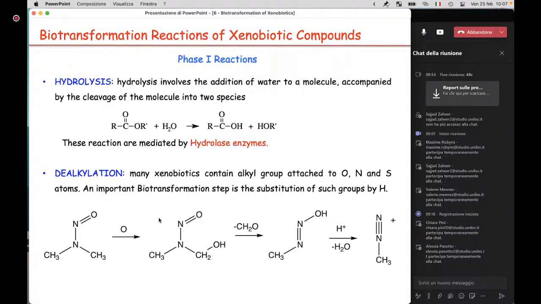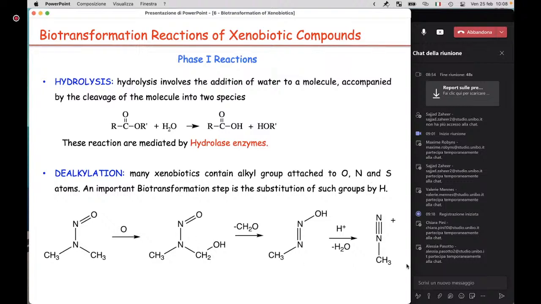This is another kind of dealkylation reaction. For example, this is a sequence of different reactions. First, mono-oxidation here at the carbon to produce the alcohol, and then dealkylation here between the carbon and the nitrogen to produce this oxime, and then reduction of the resulting compounds to form a diazo group.